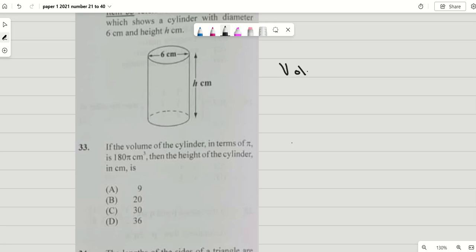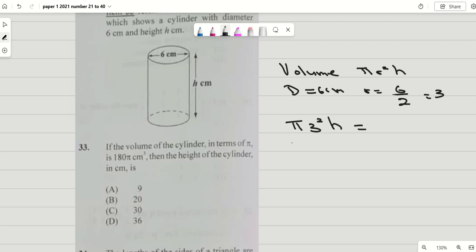Volume is pi r squared h, where d was the diameter, 6 centimeters. So r would be 6 divided by 2 because the radius is half a diameter. That is equal to 3. So now we have pi 3 squared by your height is equal to 180 pi.